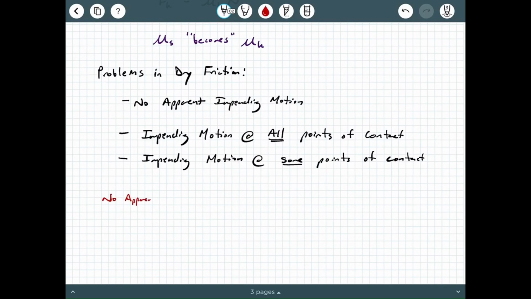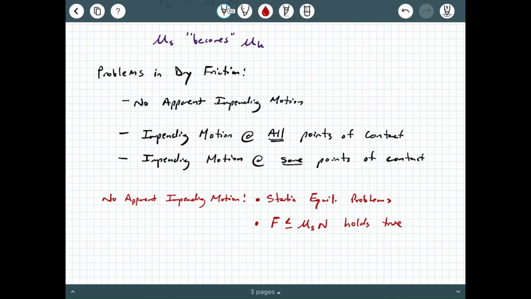So let's talk about the first case, no apparent impending motion. Okay, in this case, these are just static equilibrium problems. Okay, and we're going to say F is less than or equal to mu sub s N holds true.